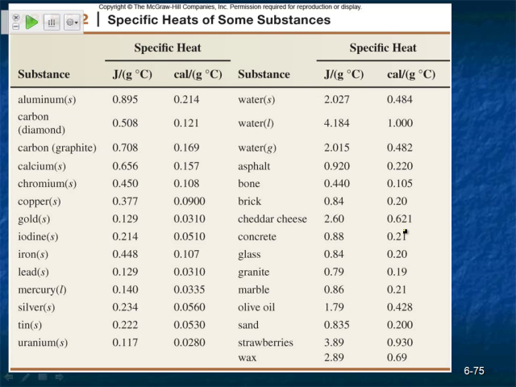Okay? Specific heat is the amount of energy required to raise the temperature by 1 degree Celsius of 1 gram of a substance. So if specific heat is low, that means you need less amount of energy to raise the temperature. If specific heat is high, then that means you need a high amount of energy to raise the temperature.